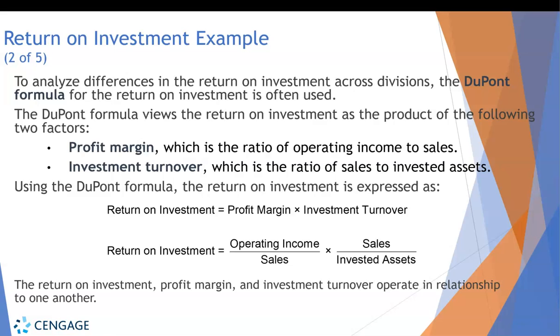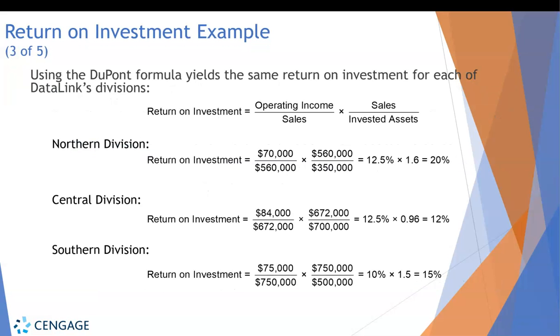If a division's profit margin increases and all other factors remain the same, the division's return on investment will also increase. If a division's investment turnover increases and all other factors remain the same, then the division's return on investment will increase.